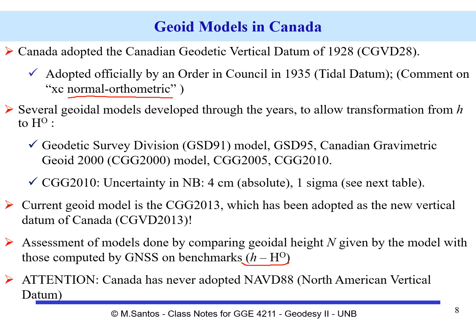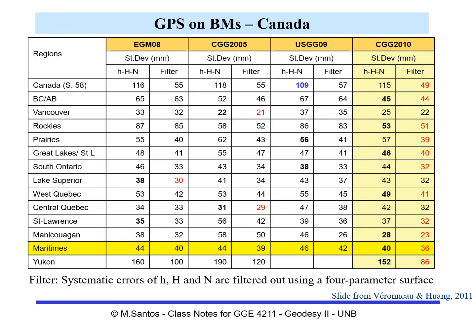So they are basically following in the footsteps of what we have done. As a matter of fact, there is a lot of collaboration between the agencies, the National Geodetic Survey in the US and the Canadian Geodetic Survey Division here in Canada.